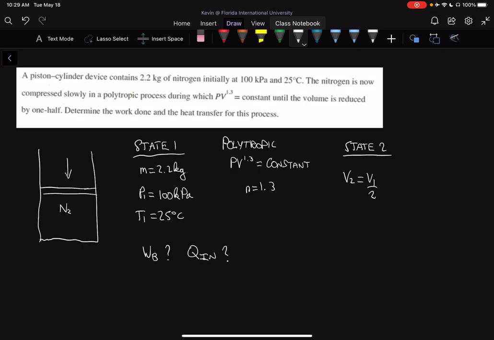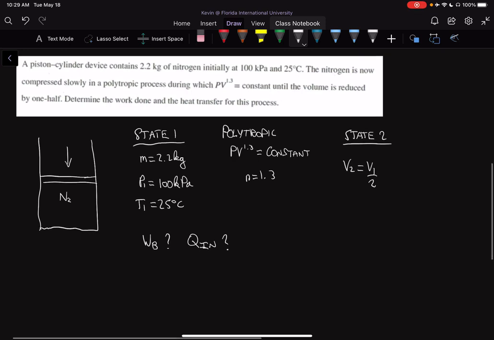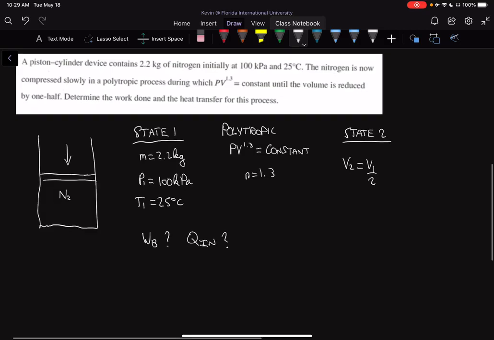It's up to us. So this time I'm going to actually start with our closed system first law. So I'm going to write the first law, and then we're going to find all the terms in the equation. Just so we start a little bit differently than last time and start with the overall problem, which is to find the heat transfer in the process.